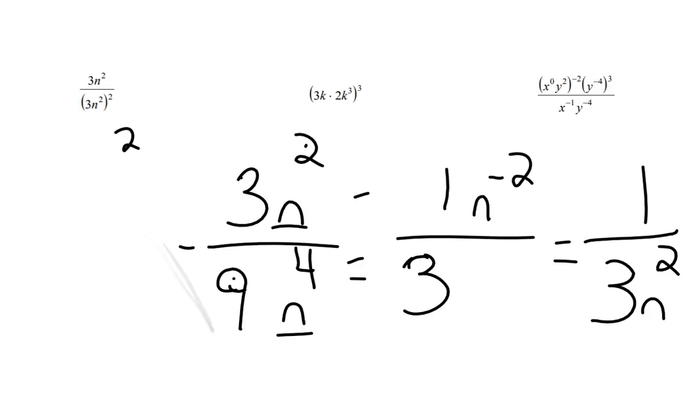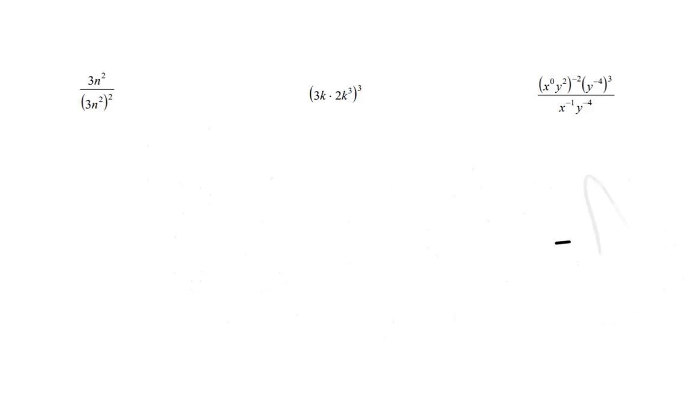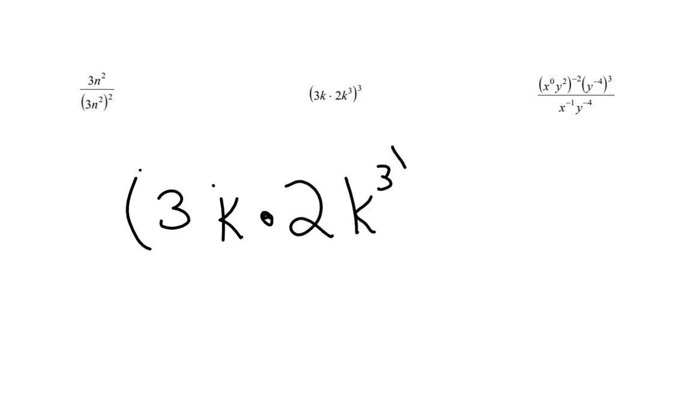If I look at my next problem, which is 3k times 2k to the 3rd, all to the 3rd power, I'm going to start this one differently. I'm going to do whatever's in the parentheses first. I'm going to look at these k's first and combine them.